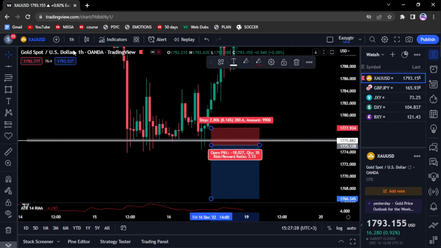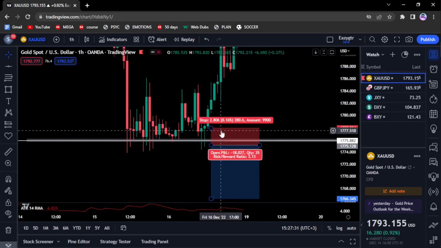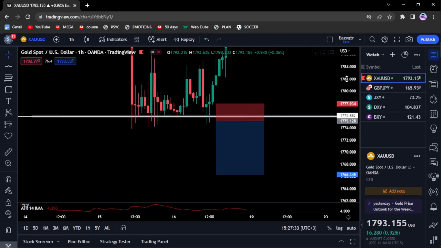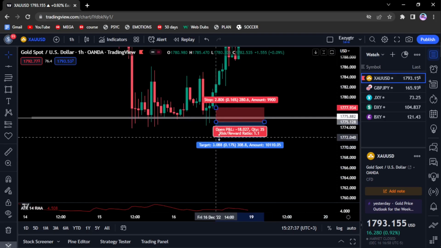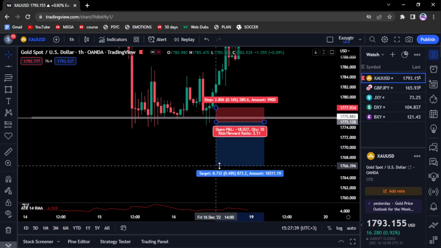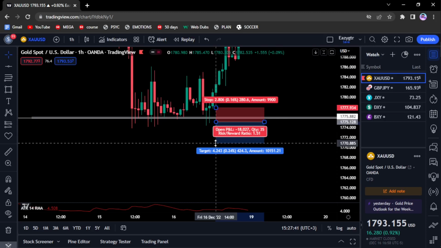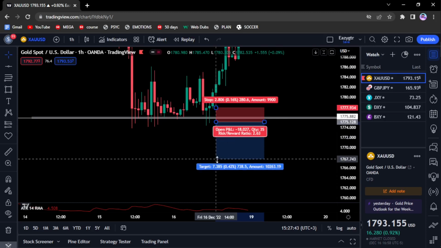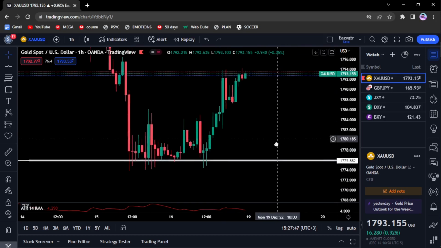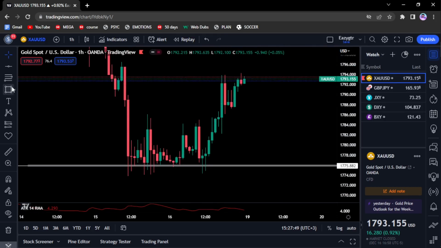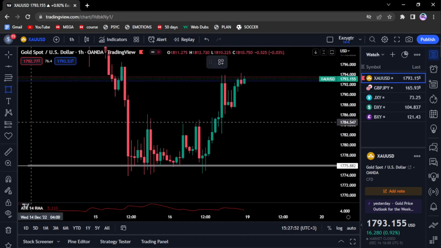But mind you, this is the 1 hour chart, that's why the stops are at 28 pips. Then I like to go for a 1 to 3, 1 to 2, lowest 1 to 1. But anything below that, it's not worth it. Don't take the trade.